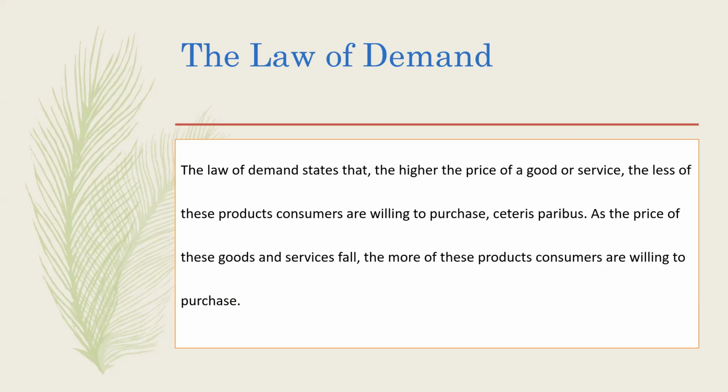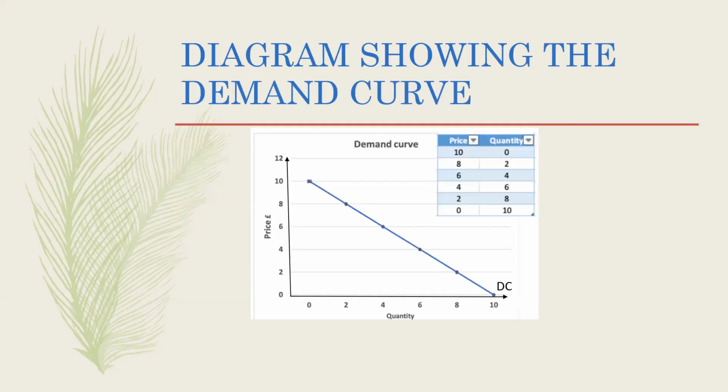All right, so that's the basic law of demand. Now we are looking at our first diagram to illustrate this whole law of demand. So we're seeing here that this is our demand curve. Let's talk about this curve here.